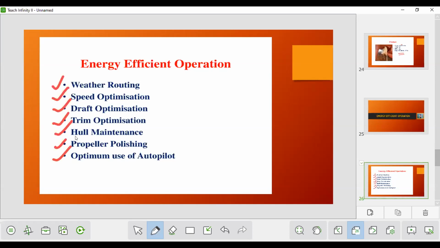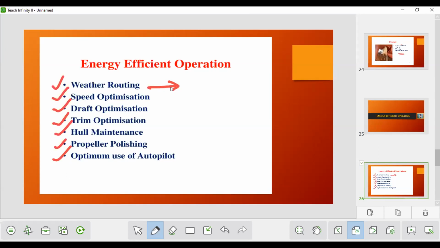Now, coming to weather routing, what is it? Nowadays all this work is done at shipping company offices. Suppose you take Chennai, Synergy does their work from the Chennai office. Like that, the company's head office does all these calculations. That is the reason there are a lot of job opportunities nowadays for young naval architects in this area.